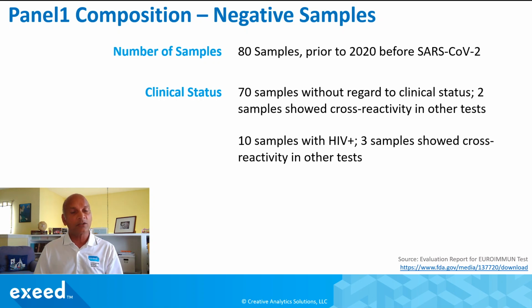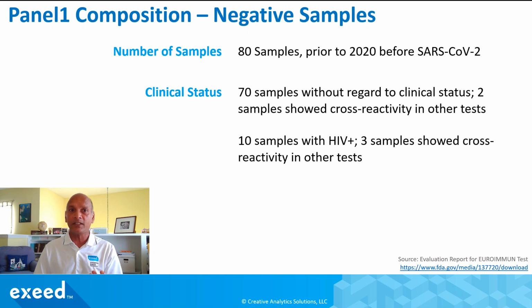So what FDA wants to also establish is that there is no cross-reactivity to these negative samples. That's a good thing for a test manufacturer, because if you are able to validate performance this way, you don't need to do a whole lot of cross-reactivity studies. One exception is class specificity. You still have to conduct that.